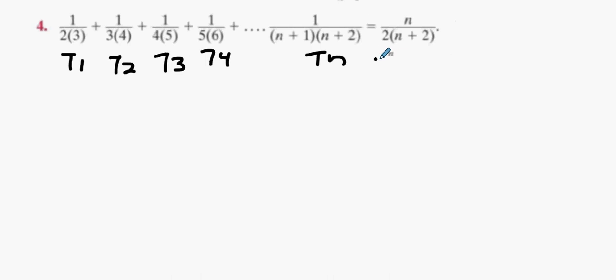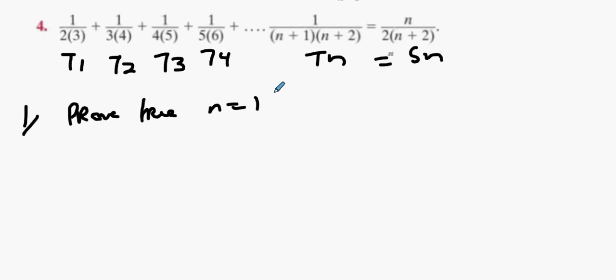Alright? And what did we say step 1 was? Prove true for what? For n equals 1. Well, if n equals 1, the left hand side will equal T1, and T1 is 1 over 6.